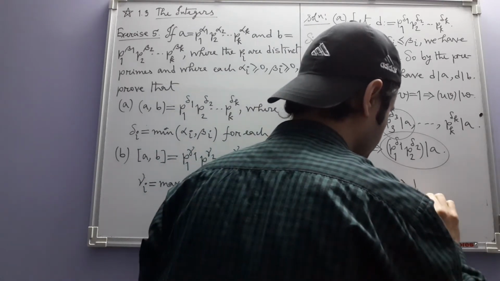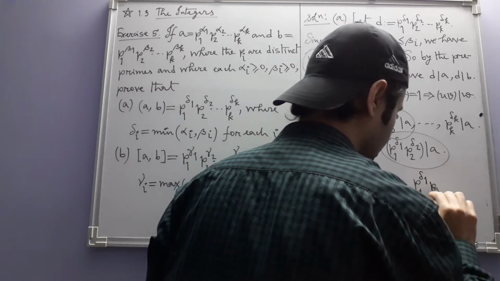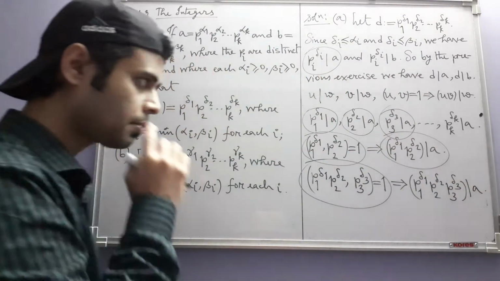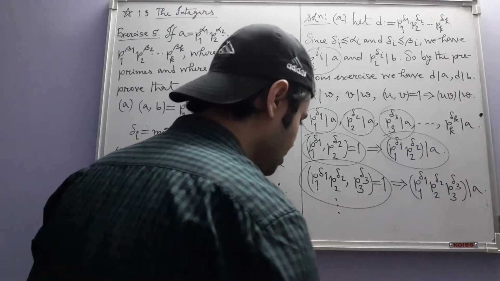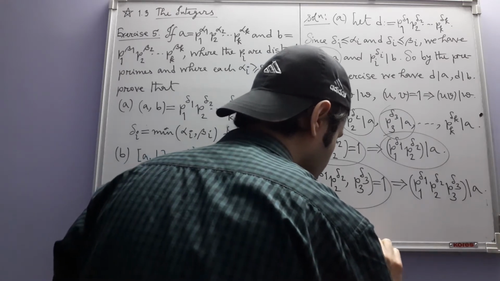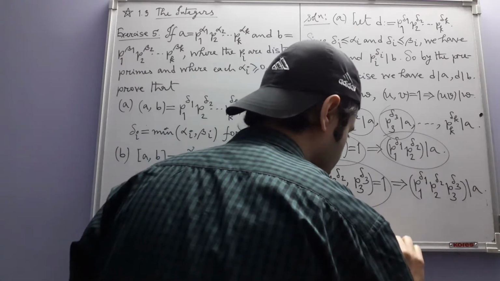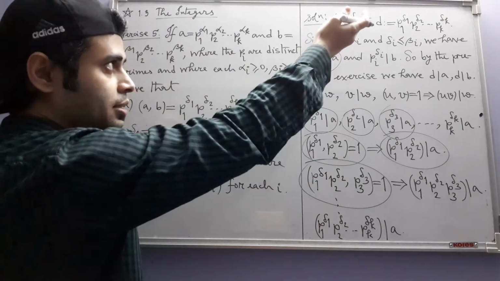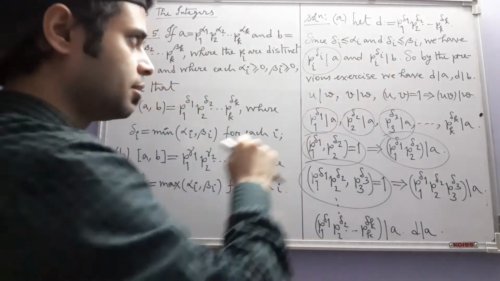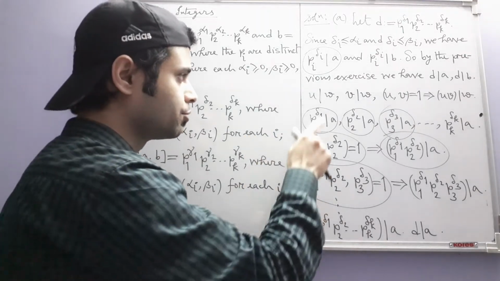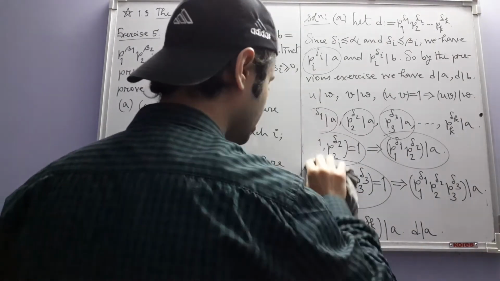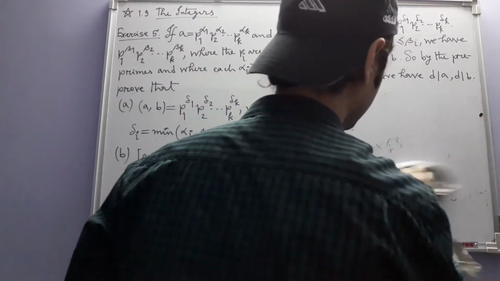That gives me this conclusion: P1 to the power delta 1 times P2 to the power delta 2 times P3 to the power delta 3 divides A. If we continue like this, ultimately we will get P1 to the power delta 1 times P2 to the power delta 2 up to Pk to the power delta k dividing A, but this number is nothing but D. So that's how I am getting D divides A. Similarly, using these relations, I can prove that D divides B. So this settles the question that D is actually a common divisor of A and B.